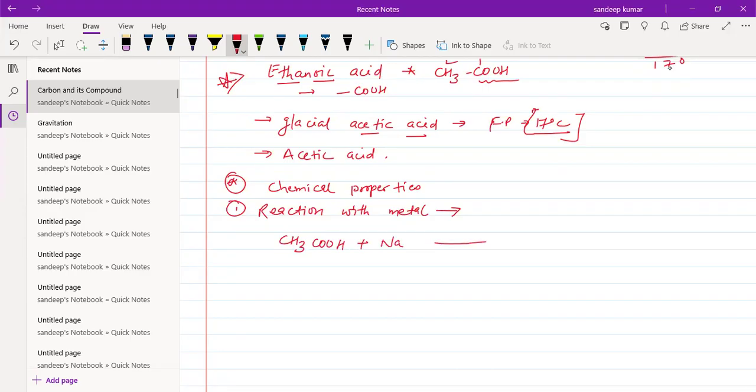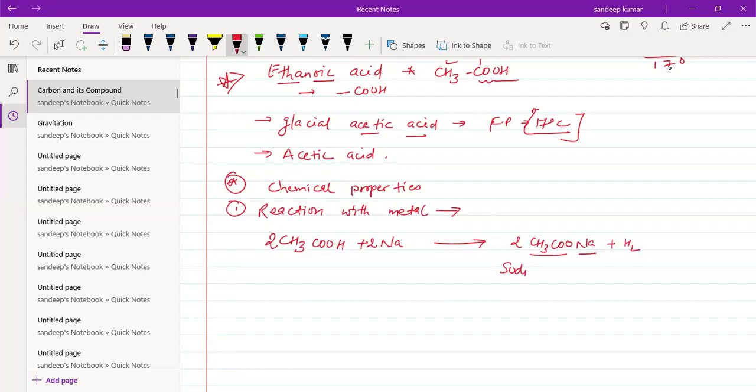Generally, what happens? Any acid reacting with a metal gives you salt plus hydrogen, right? So here you take two molecules, here also you take two molecules. You form two molecules of CH3COONa plus hydrogen gas. So this is sodium ethanoate.